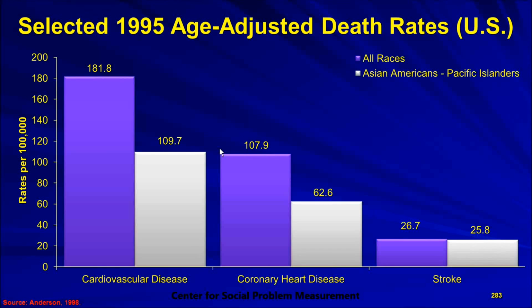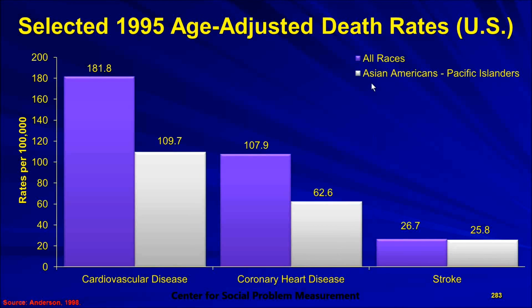And you can see that in looking at cardiovascular disease, coronary heart disease, and stroke, that based on the age-adjusted death rates, this is all races, this is Asian American Pacific Islanders, much lower, right, between this and the total population, and coronary heart disease much lower, and stroke about the same.